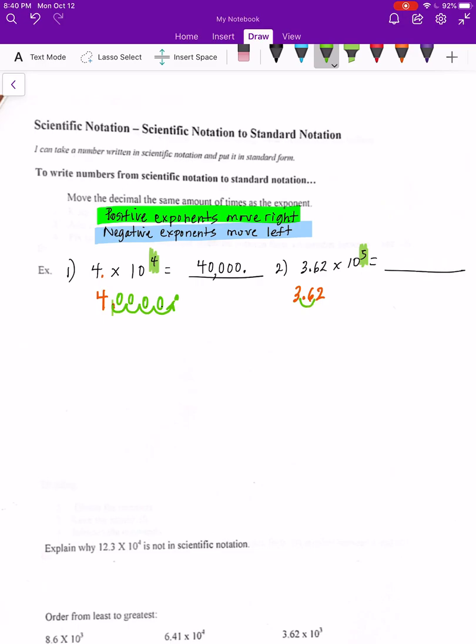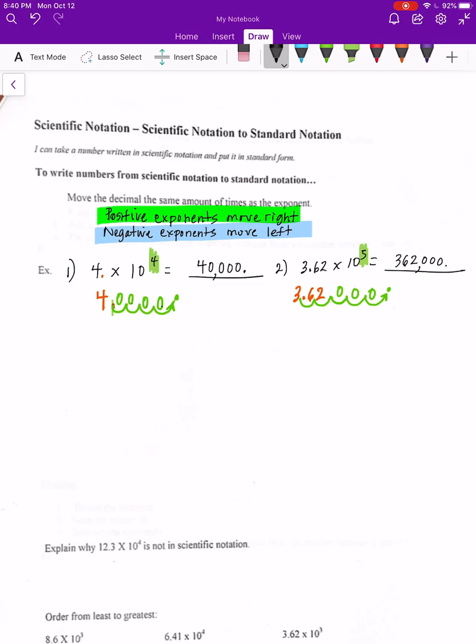So 1, 2, this time I had some numbers to move it around, so I moved it twice, and then 3, 4, and 5. And then my decimal point would go at the end. In those empty spots, I put zeros. So my answer would be 362,000. Now the decimal point is, of course, at the end. I could throw in a comma to make it easier to read, 362,000.